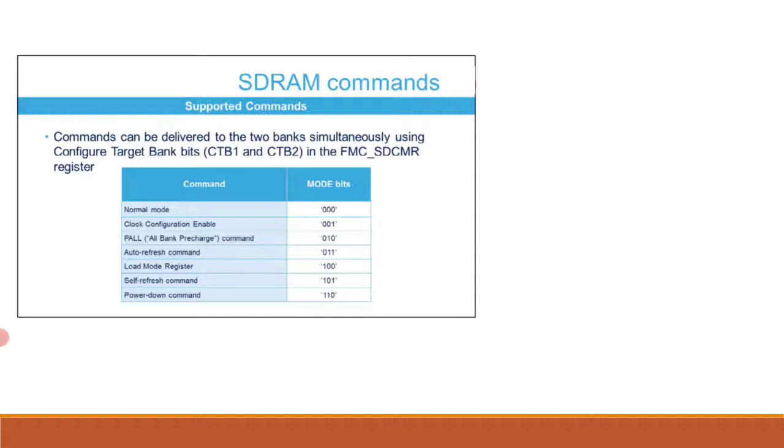Is this clear? That is configure target bank bits CTB1 and CTB2 in FMC_SDCMR.